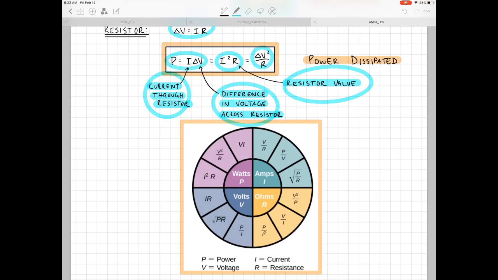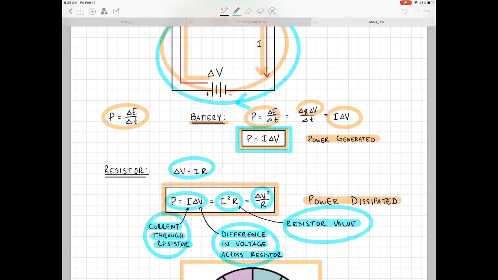The other thing I'll point out is that I'm using delta V in my expressions, like right here, rather than just V. So the book kind of interchangeably uses V for the potential value and then also V for the difference in the potential.